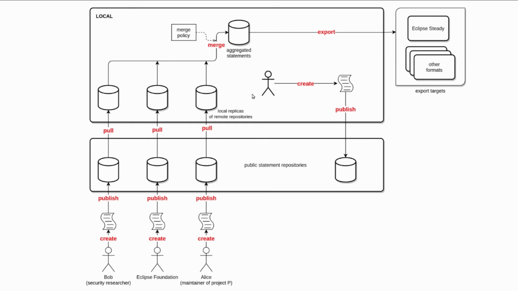On the consumer side, at the top here, the first operation that the consumer would do is to pull the remote sources into local replicas, from which one or more merge policies could be defined to aggregate the content of these repositories into one single aggregated data set of statements, from which an export operation would produce data in a format that is amenable for import, for example, in Eclipse Steady, but also in other formats, XML, JSON, CSV, or other formats for other tools.